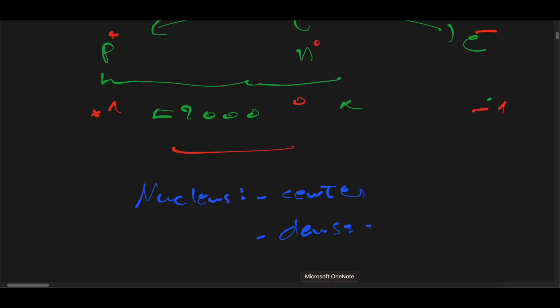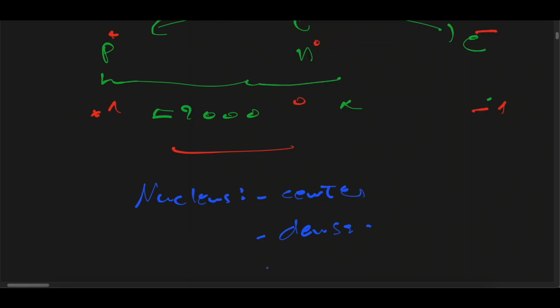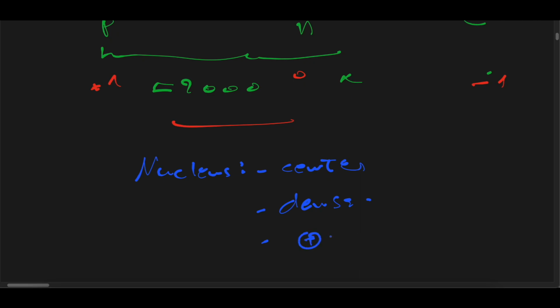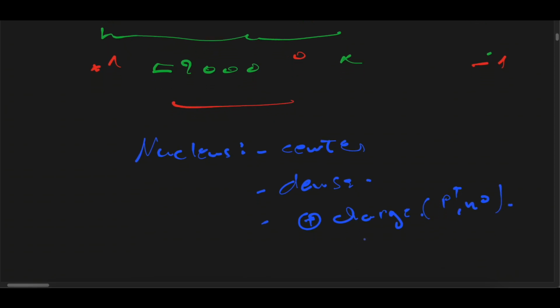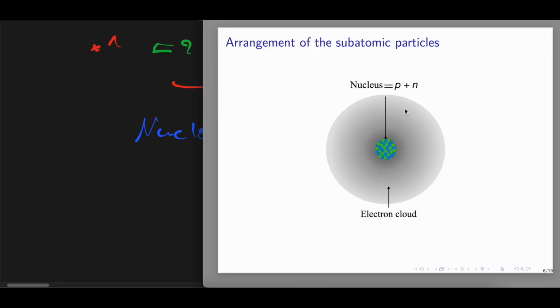Because it is composed of protons and neutrons, it has a charge. It is positively charged, and the charge results from the presence of the protons. Also, as we've seen before, the protons and neutrons are massive particles, heavier than the electrons.